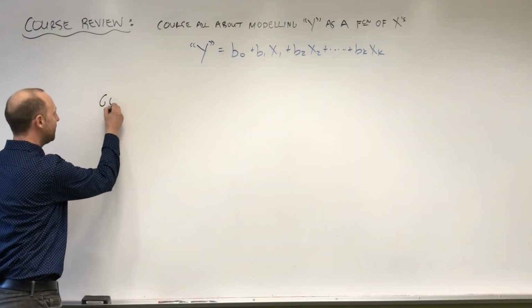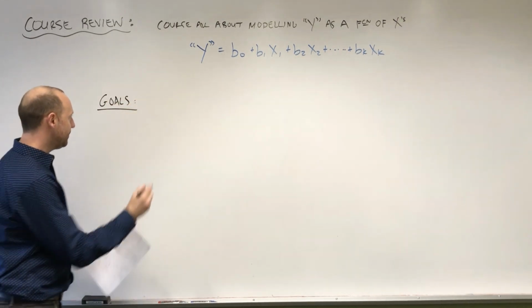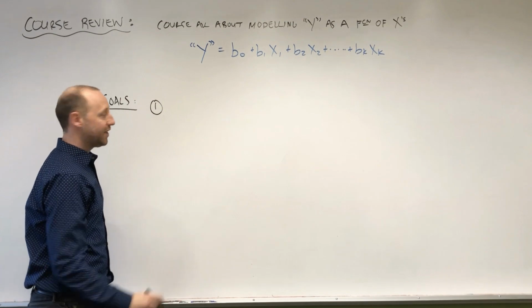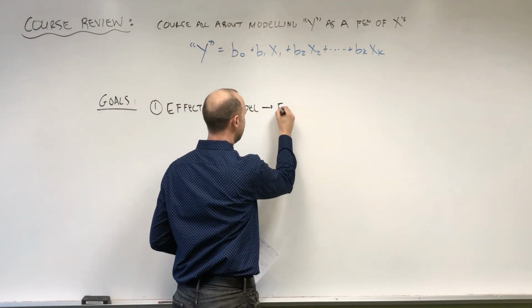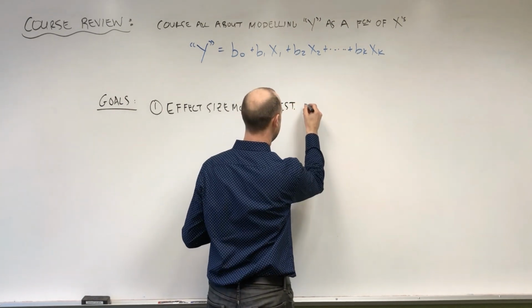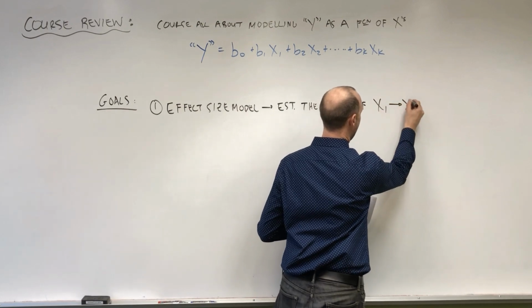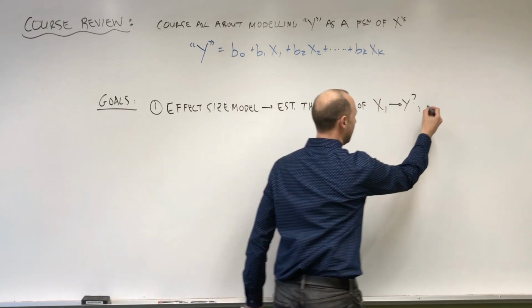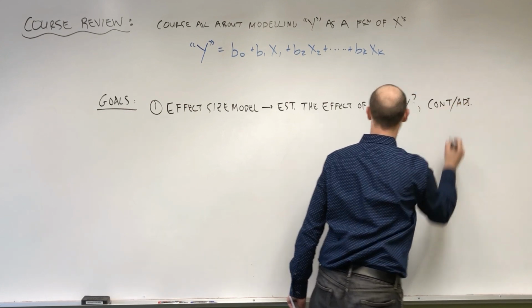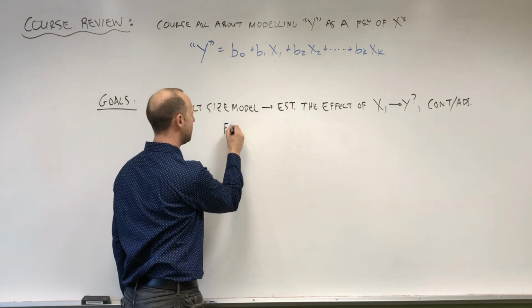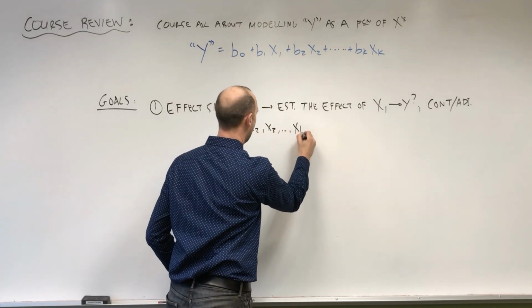Then through the course, we broke these models down into one of two broad goals. The first is fitting an effect size model. Here, the goal of a model like this is to try and estimate the effect of some variable x1 on y. And we're going to need to control, or we could say adjust, for other variables x2, x3, all the way up to xk.